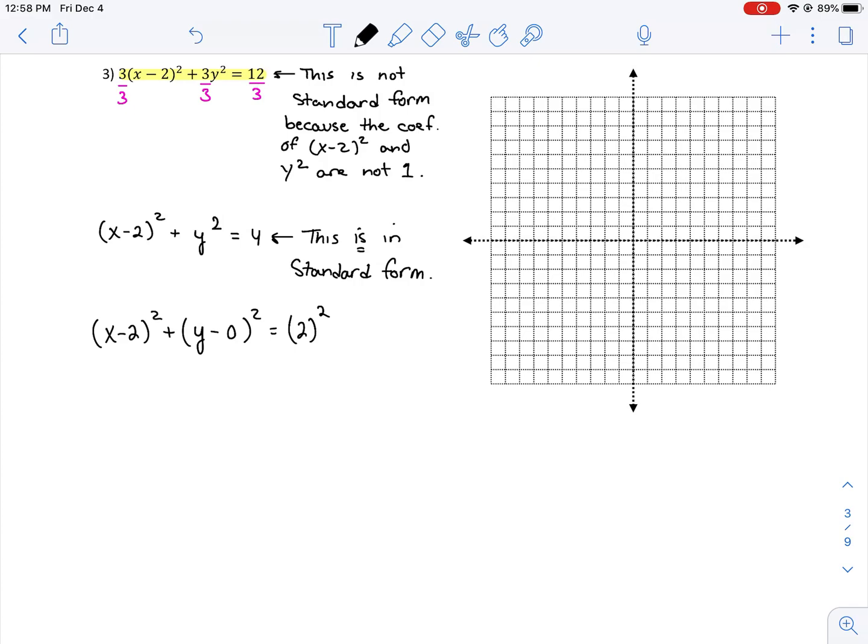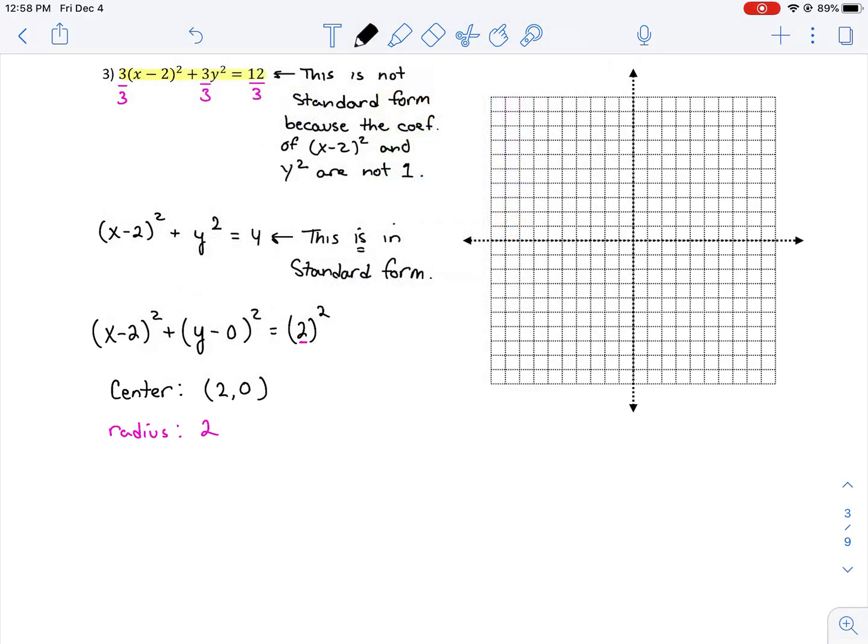Because now we can identify the center. The center of the circle is at 2, 0. The radius of the circle is 2. Right there, that 2 right there.